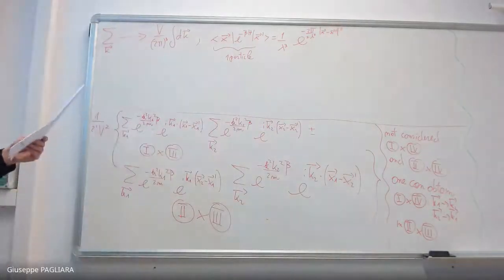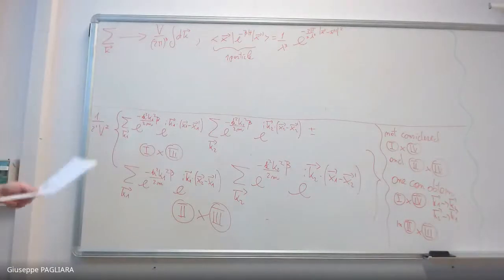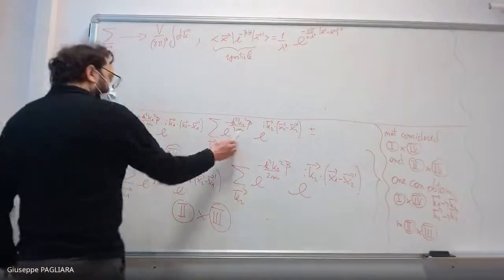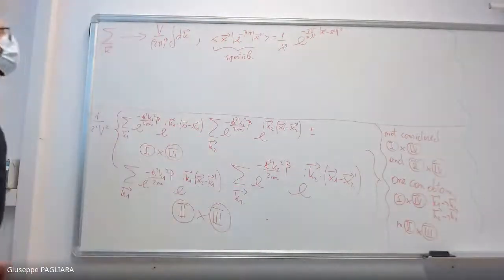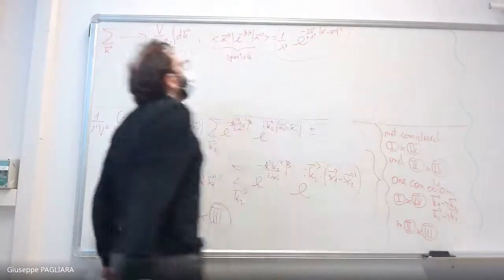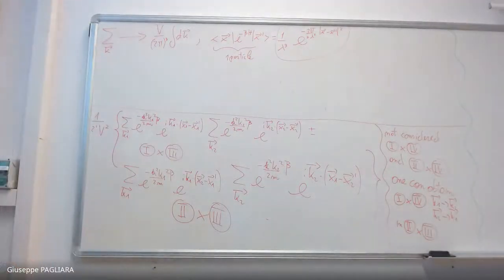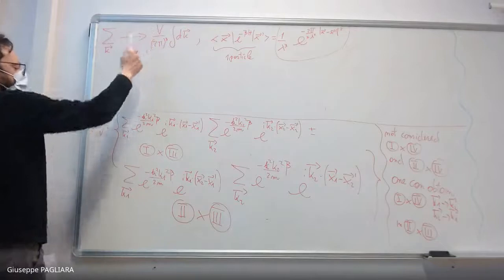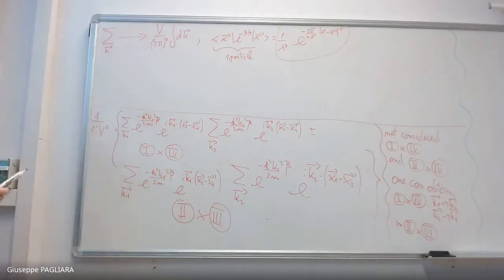Okay. So basically, to all of the sum, I have to substitute this structure here. And there is a volume that should cancel exactly with the volume that we have in front of this.